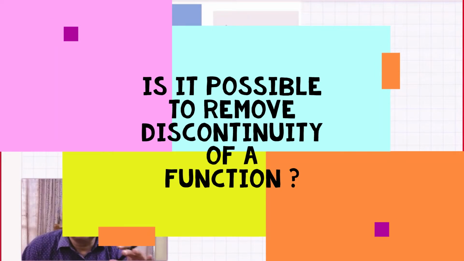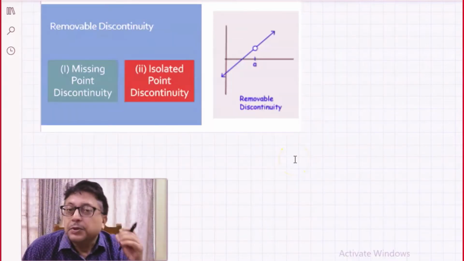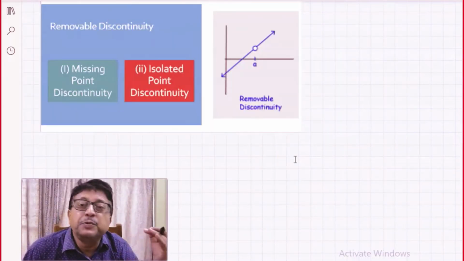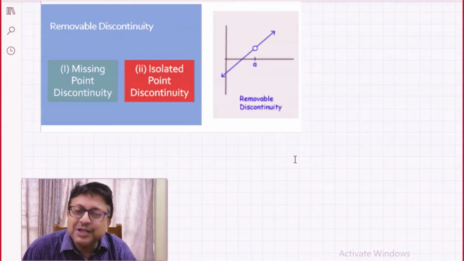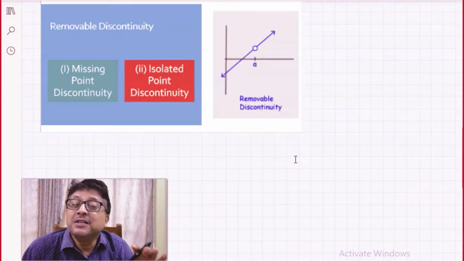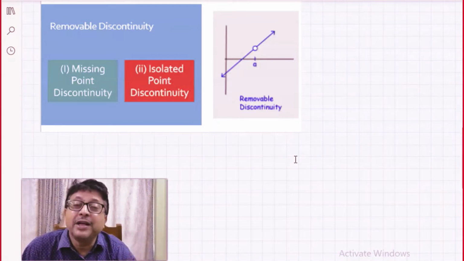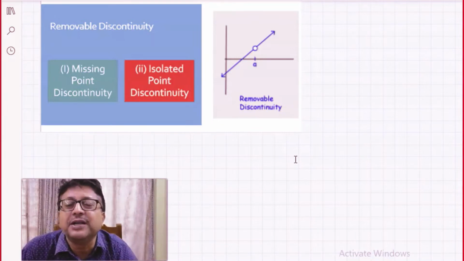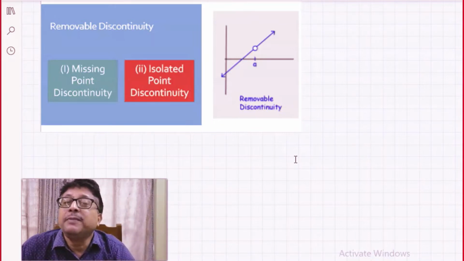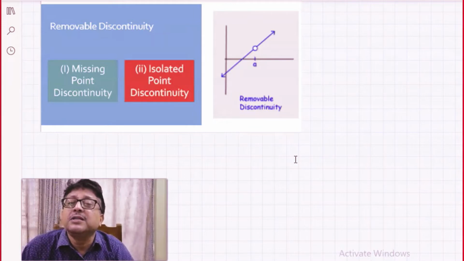So in this session, we will be discussing whether discontinuity can be removed or not. Function discontinuous, what way that you know, first kind of discontinuity, second kind of discontinuity already done. Now problem arises, what to do with a discontinuous function.